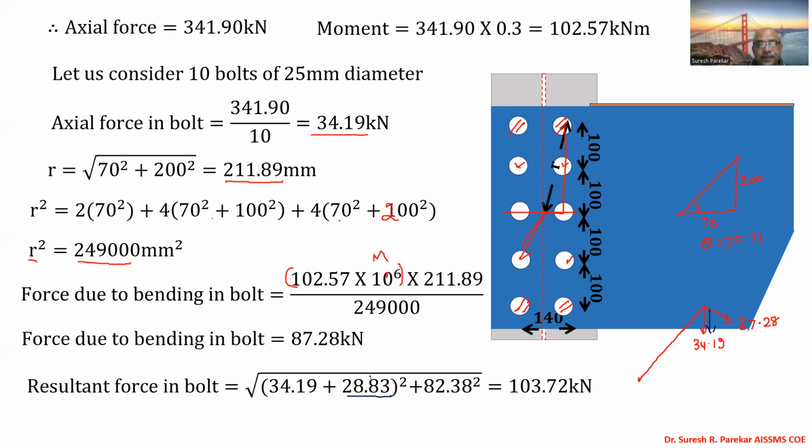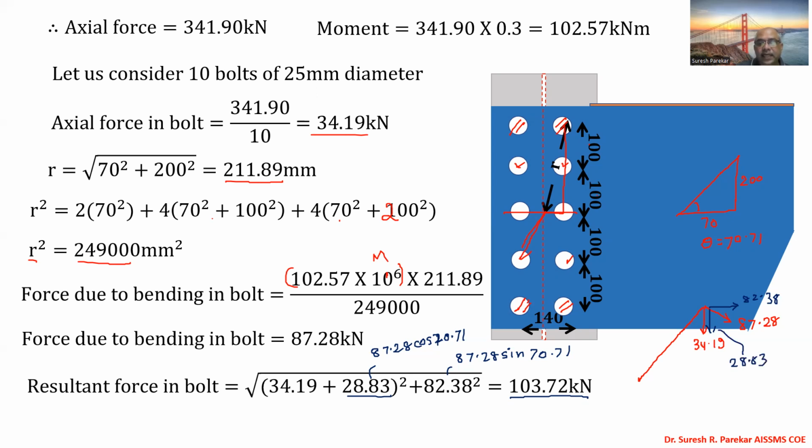The other is 87.28 sine of 70.71, which is 82.38. So the second component is 82.38, and the vertical component is 28.83.